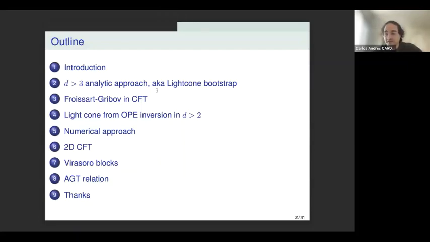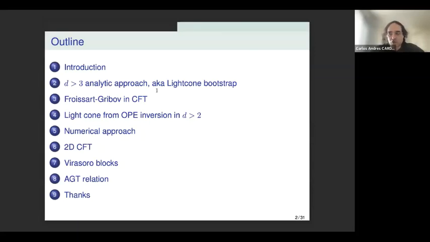Yeah, so in summary, I'm going to discuss some analytical approach for the bootstrap program in dimension greater than 3. Then I will show how those results can be obtained in an easier way from even newer methods.